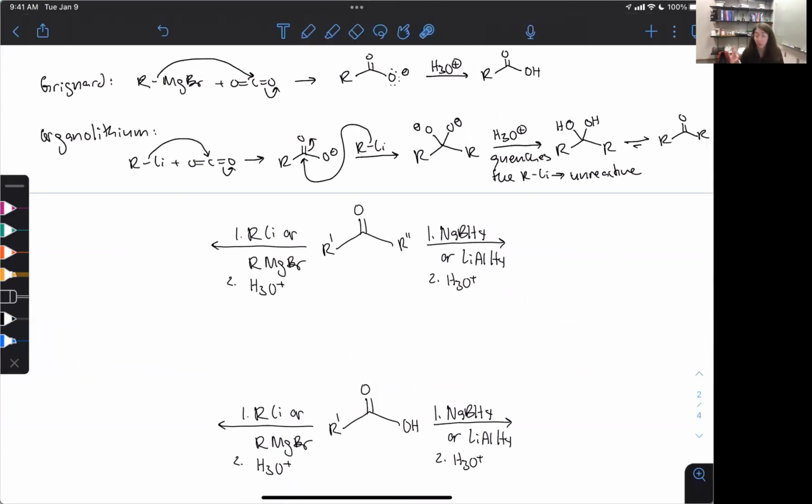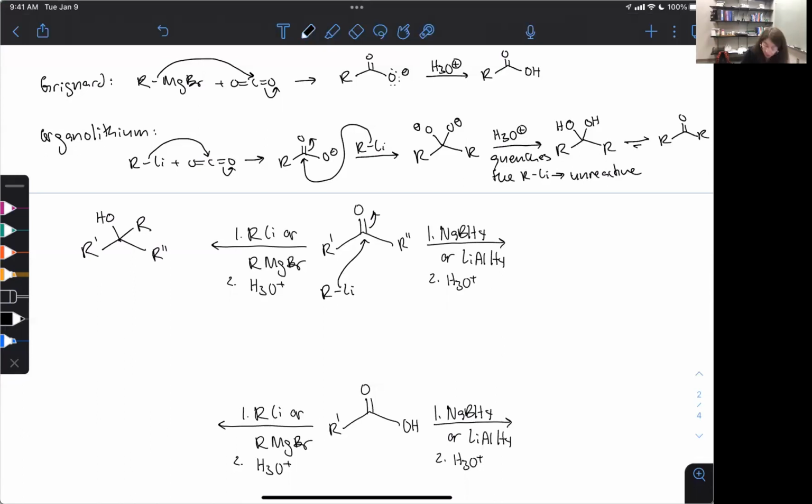Ketones, again, they're going to be very similar to aldehydes, right? So we're going to have a single addition of our carbon or hydride nucleophile. That's going to get us to a tertiary alcohol.